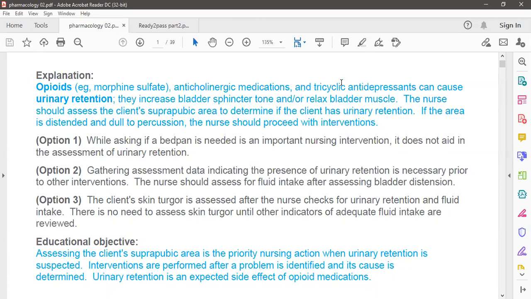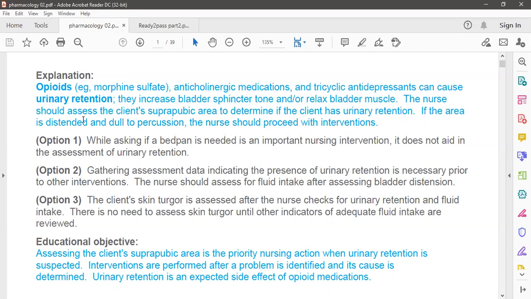Other medications we use as antipsychotic or antidepressant, like tricyclic antidepressants, such as amitriptyline, also cause urinary retention. They increase the bladder sphincter tone and or relax the bladder muscle.